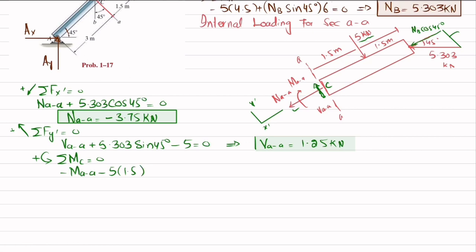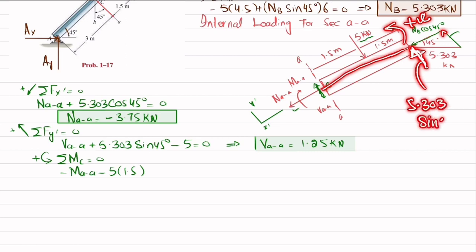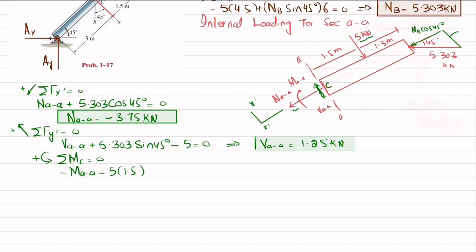The third moment is produced due to this vertical component about C, and this will produce a counterclockwise moment, so it will be positive. So I will write plus 5.303 into sine of 45 degree into the perpendicular distance, which is 3.